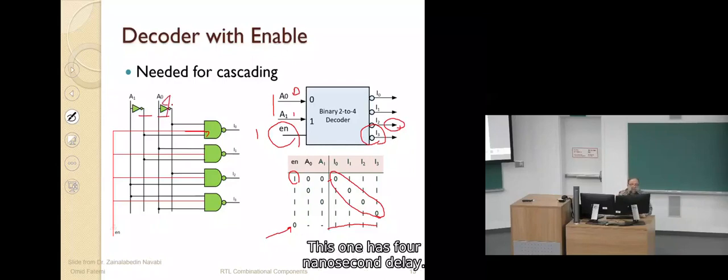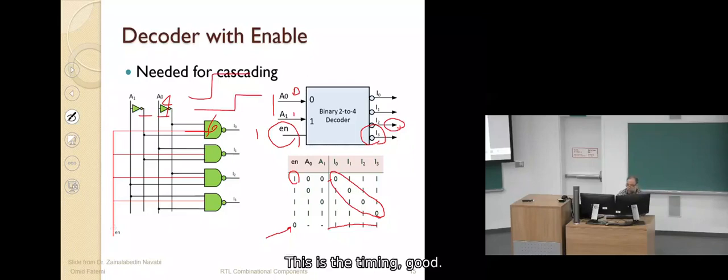This one has 4 nanosecond delay, this one has 6 nanosecond delay. So the delay of my design is 10 nanoseconds. Okay? So you expect that when you use the design and there is a transition, after 10 nanoseconds, the output changes. Okay? This is the timing. Good.